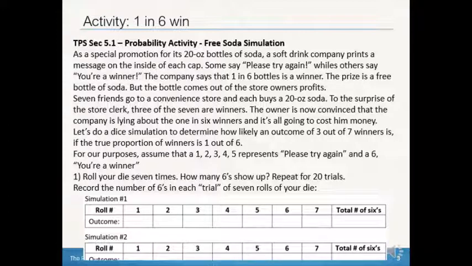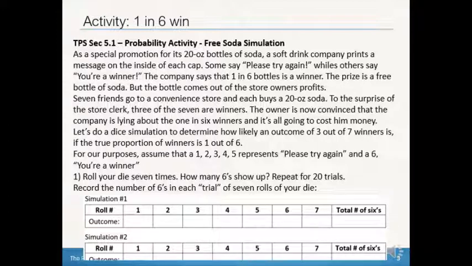In other words, you did not win. The company says that 1 in 6 bottles is a winner. The prize is a free bottle of soda. Now, the store where you bought your bottle of soda is responsible for giving you your free bottle, and so it comes out of the store owner's profits.